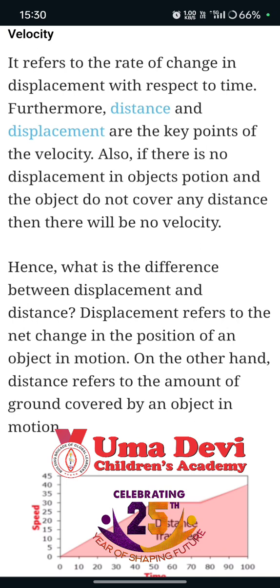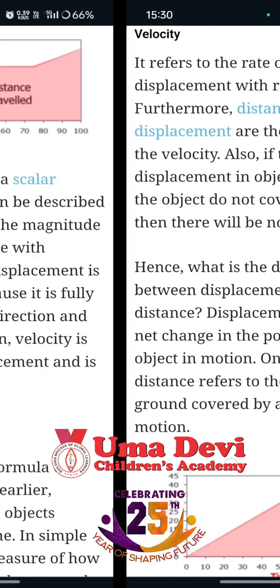So displacement refers to the net change in the position of an object in motion, and distance refers to the amount of ground covered by the object in motion.